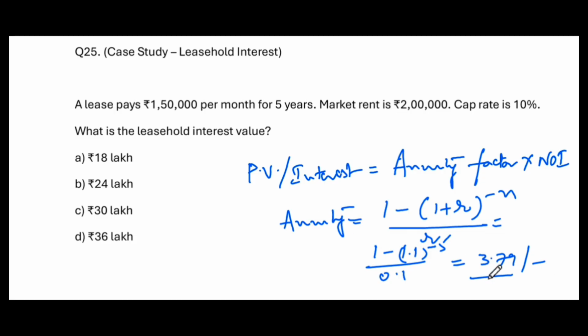We have to calculate the interest, the value today. So here the annuity factor is 3.79 rupees.